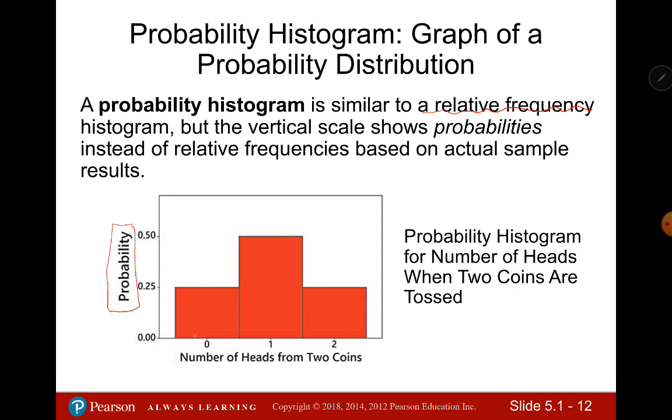For example, if we check the first value, 0, we first find the 0 on the horizontal axis, right? It's 0 here. Then we check the height of this bar, and we get 0.25. So we can also check the corresponding probability for each value in this histogram. So this probability histogram is also a probability distribution. A probability distribution can be a table, and also can be a histogram.